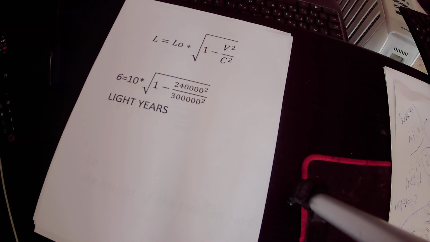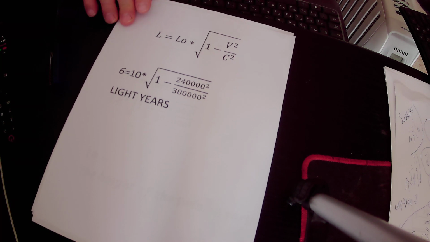contraction of the distance between Earth and the star Epsilon, there is also another phenomenon of the height decrease, or height contraction. The height of the man in the spaceship also shrinks when he travels at very high speed, close to the speed of light. Okay?